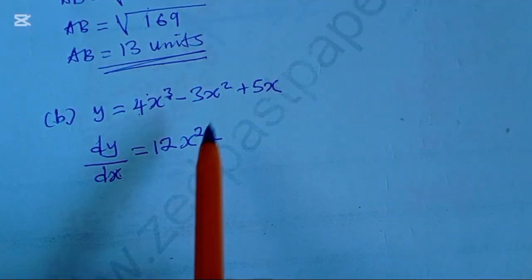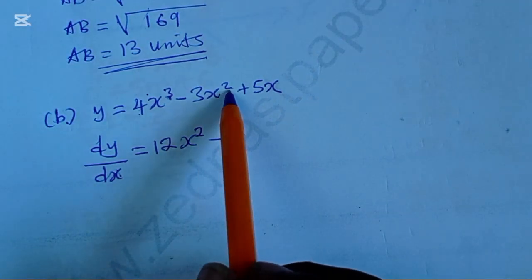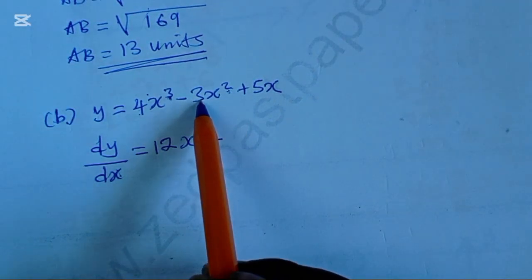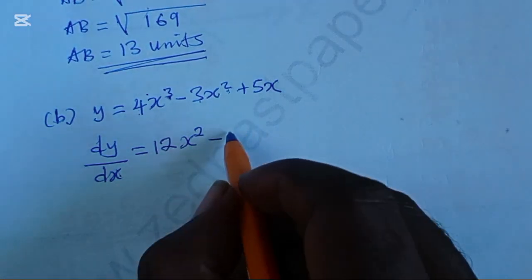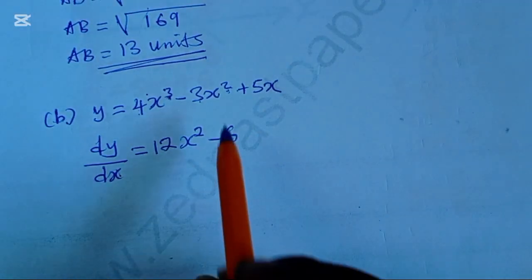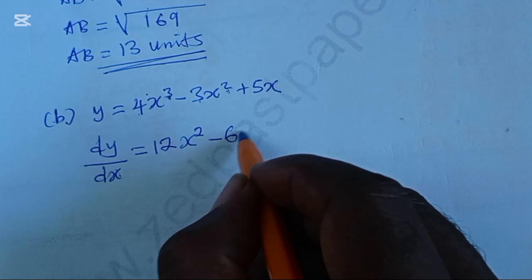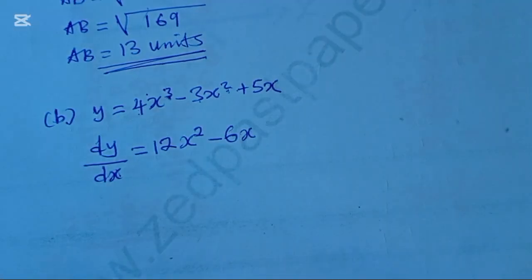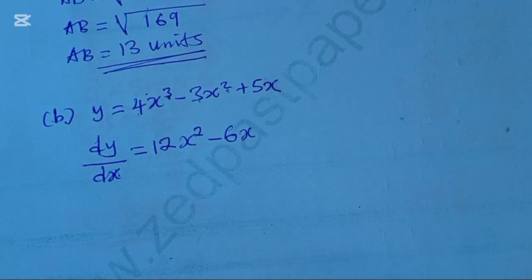Minus, you do the same here. You multiply this power 2 times 3 to give you 6. Then you subtract 2 minus 1, which is 1. We don't write 1. So x to the power 1, it is just x.